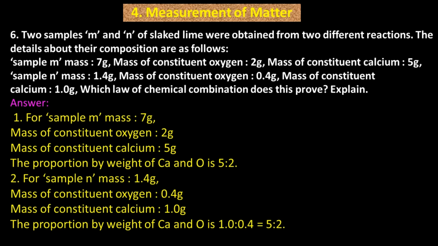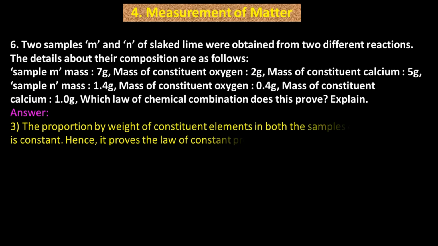The proportion by weight of Ca and O is 1.0:0.4 equals 5:2. The proportion by weight of constituent elements in both the samples of slaked lime is constant. Hence, it proves the law of constant proportion.